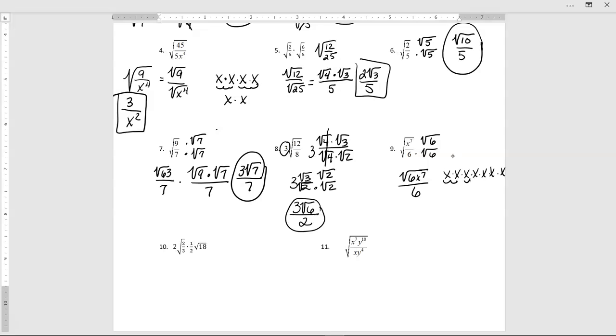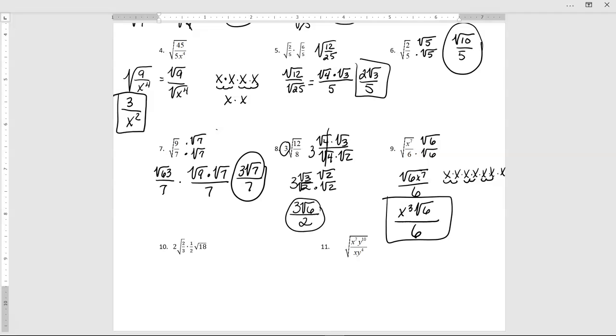So I'm going to pull out 1, 2, 3, x cubed, and leave 1 inside. So I have x cubed root 6 over 6. No perfect square factors of 6. Can't cancel this way, so I am done.